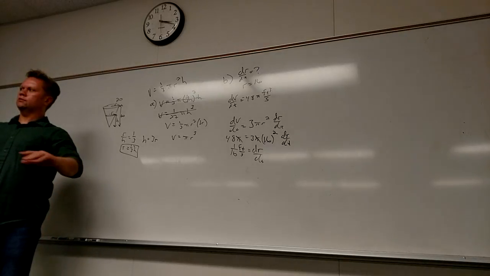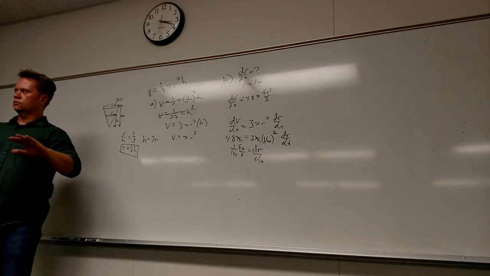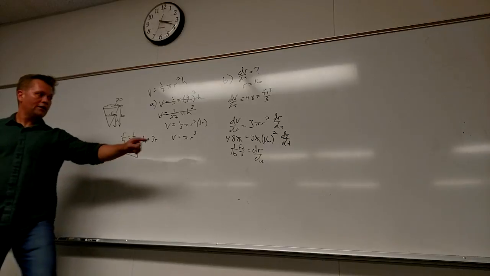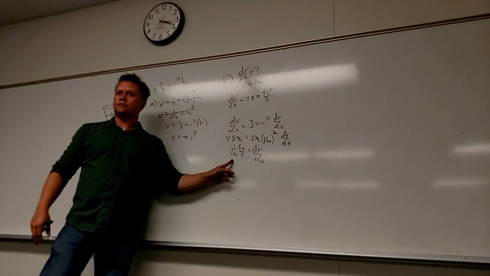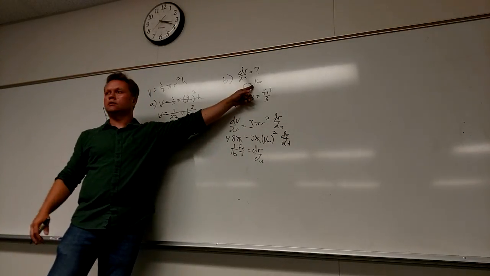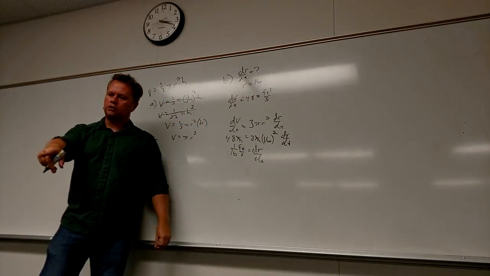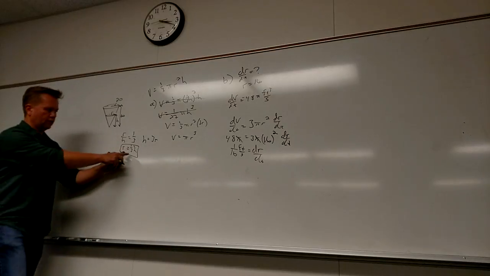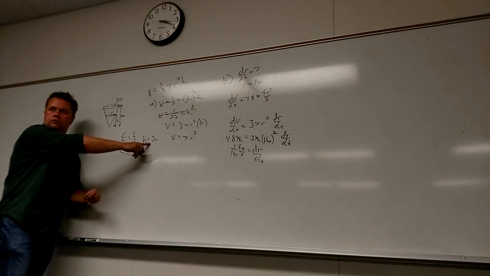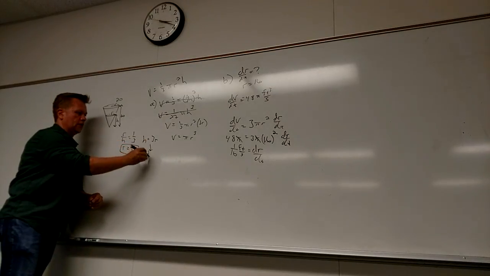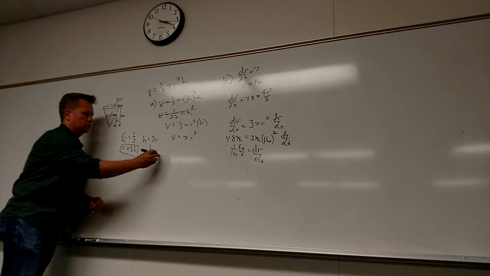How we doing so far? So now I know dr dt is this, at a time when r is 16. Look at part C: how fast is the height changing when the radius is 16 feet? But don't I have this relationship? Doesn't this mean that dh dt equals 3 dr dt?